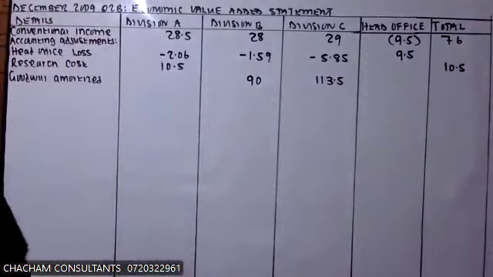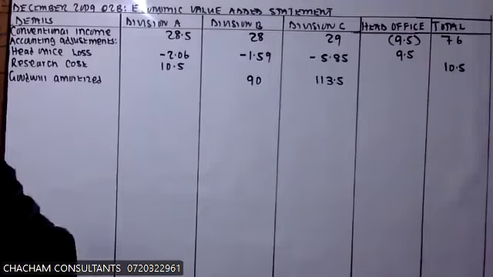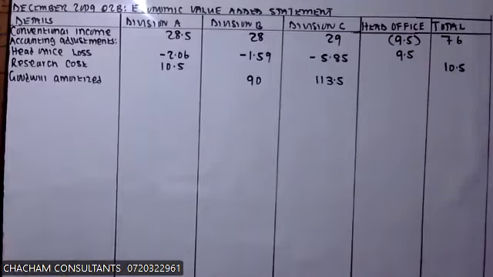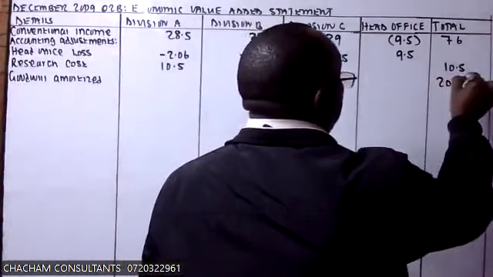So give me the total of the two, this plus this. 203.5. So you put 203.5 here.